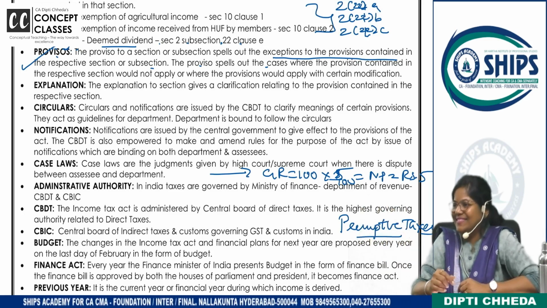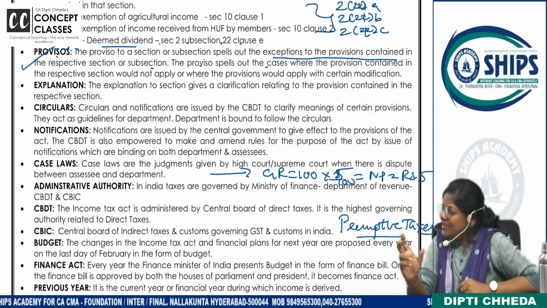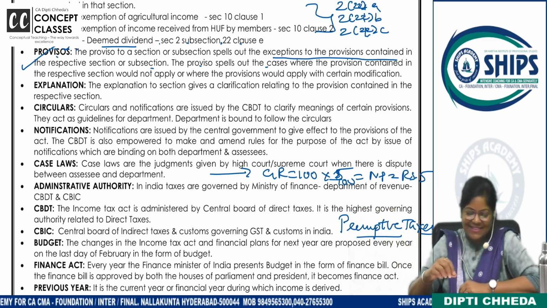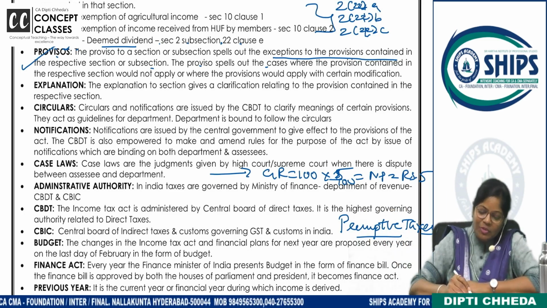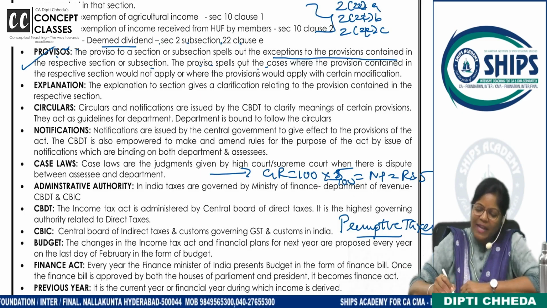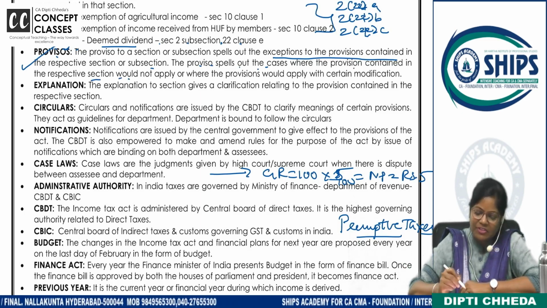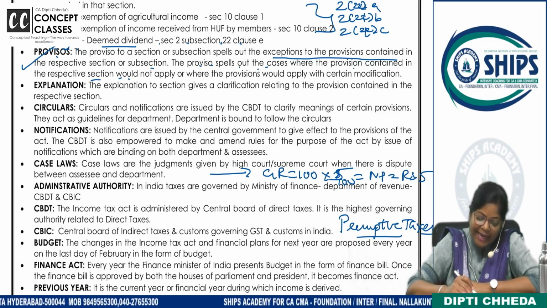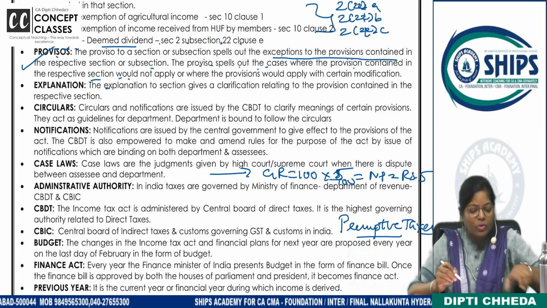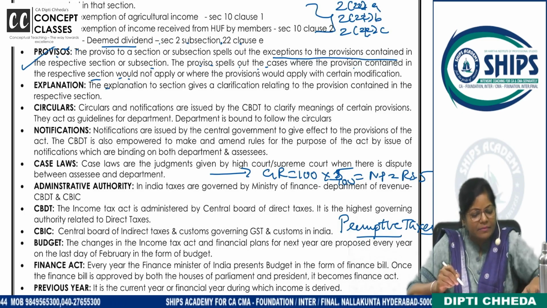Proviso. Is the term clear to you? Proviso. Let us read. Proviso to section or subsection spells out exceptions to the provisions contained in respective section. The proviso spells out the cases where provisions contained in the respective section would not apply. Okay?